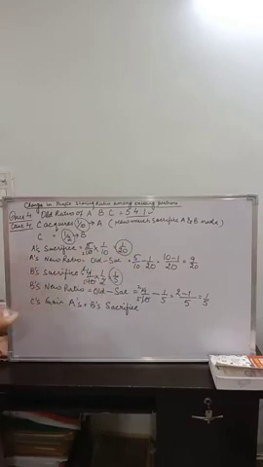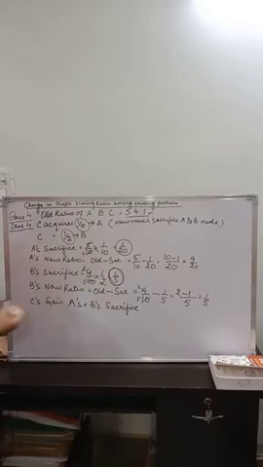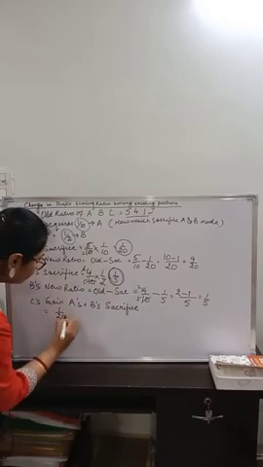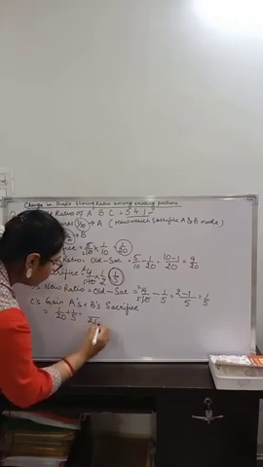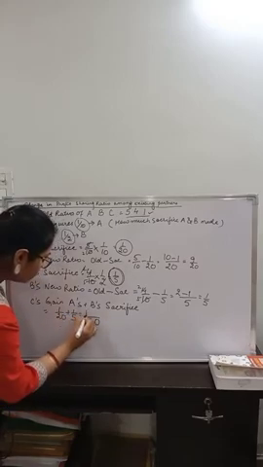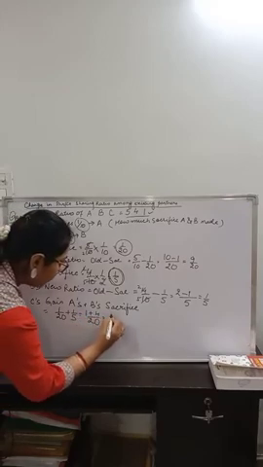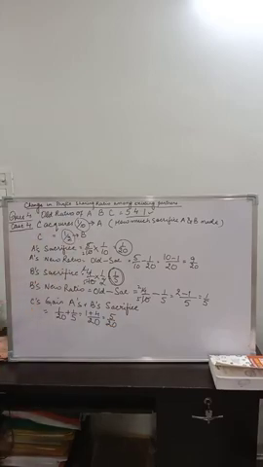How much is A's sacrifice? 1 by 20. And how much is B's sacrifice? It is 1 by 5. We will simply add both these two fractions, which will be 5 by 20. This is C's total gain.